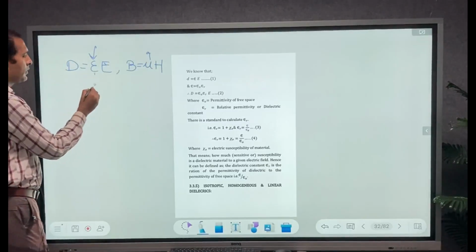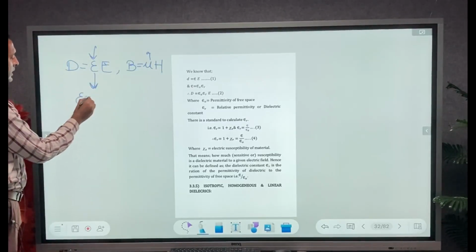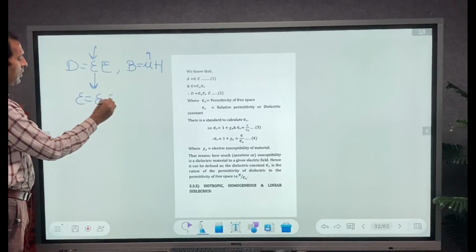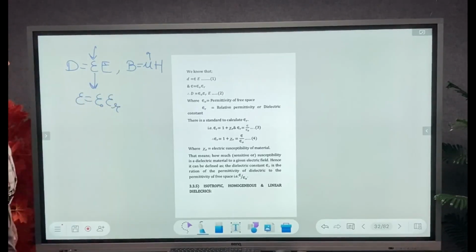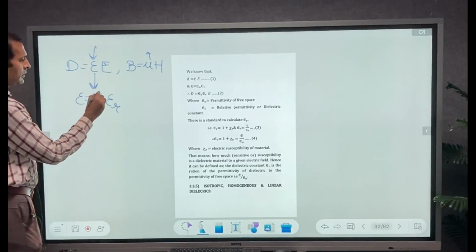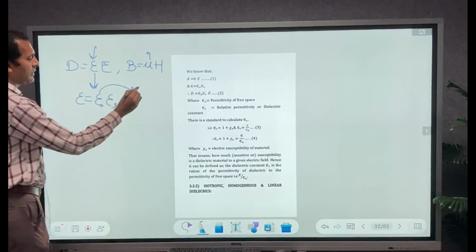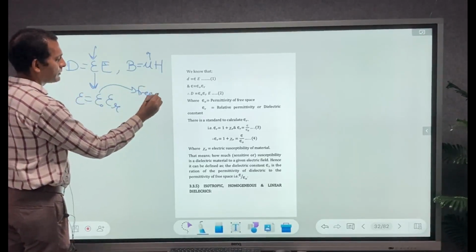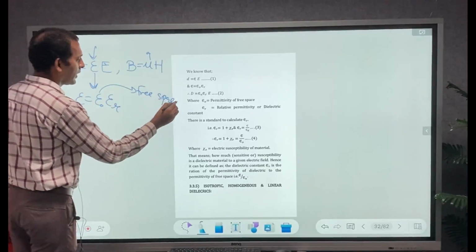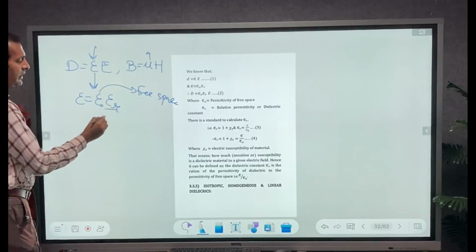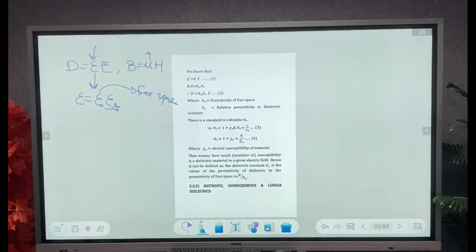This epsilon is a combination of epsilon naught and epsilon r, where epsilon naught is the permittivity of free space and epsilon r is the relative permittivity or dielectric constant.